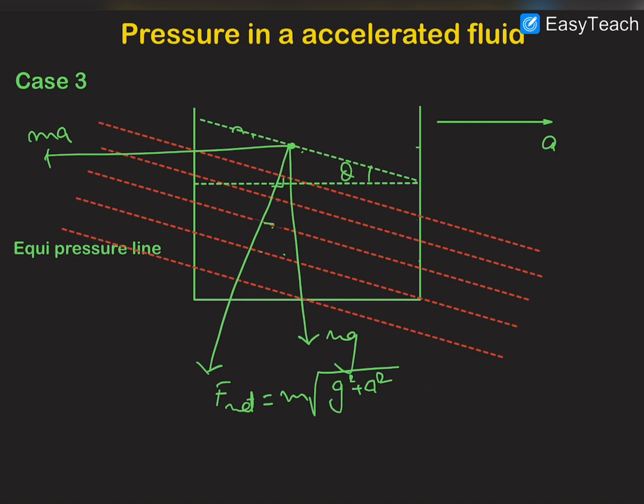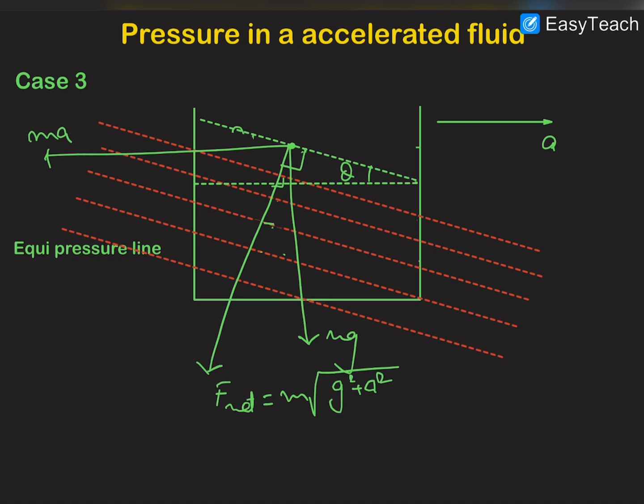And in order that there should be no tangential force acting on the fluid, the free surface will align itself in such a way that the net force becomes perpendicular to the free surface of the fluid. So this net force is perpendicular to the free surface, and hence there is no component of net force which is tangential to this free surface. So we can say that this elevation occurs due to this phenomenon.